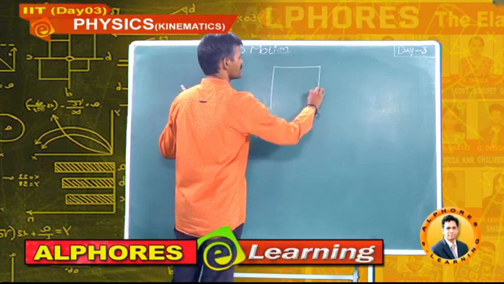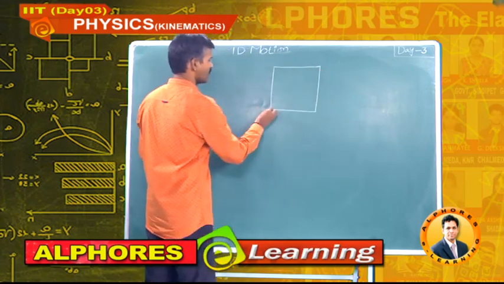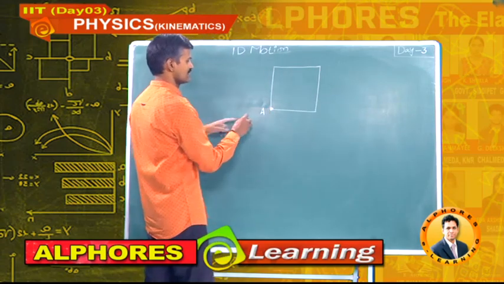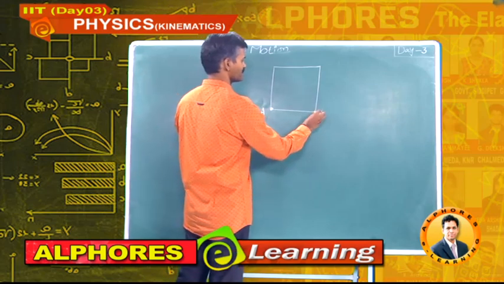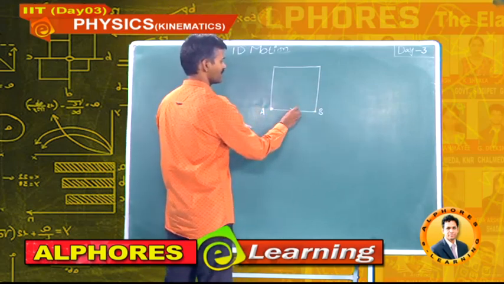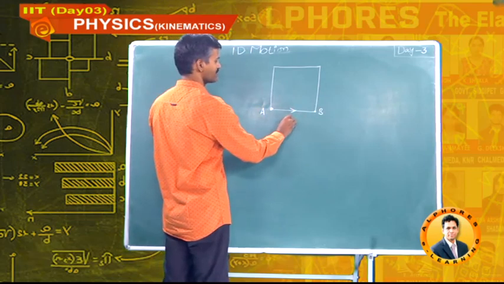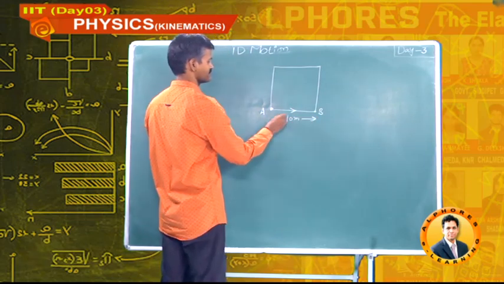A body starts from A and travels from A to B. It is a square of side 10 meters.